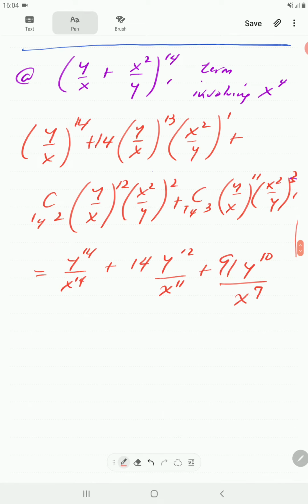And then the last term, combinations of 14 taking 3 at a time is 364, y to the power 8, x to the power 3.